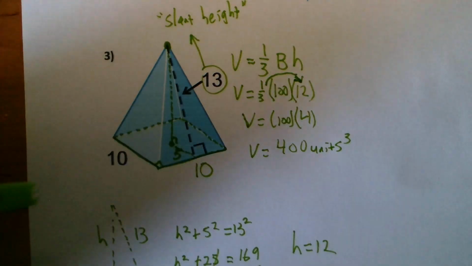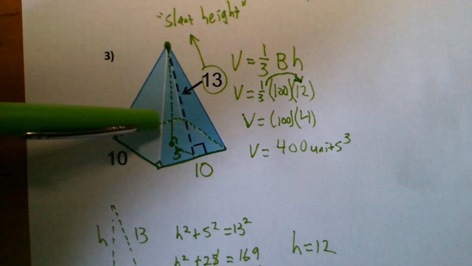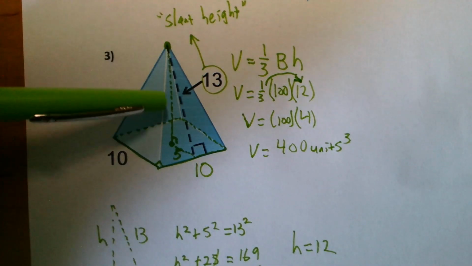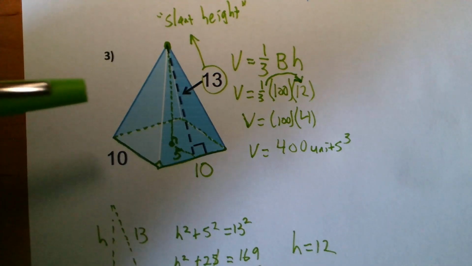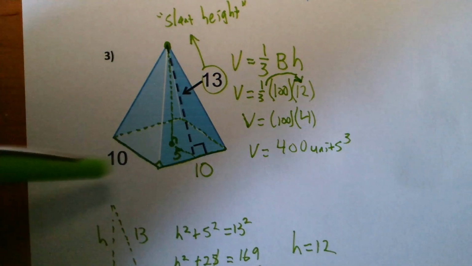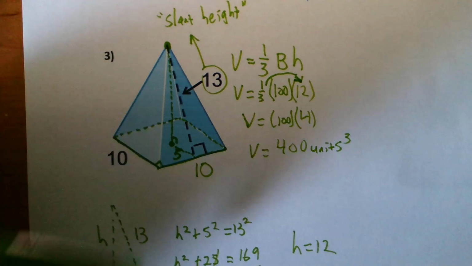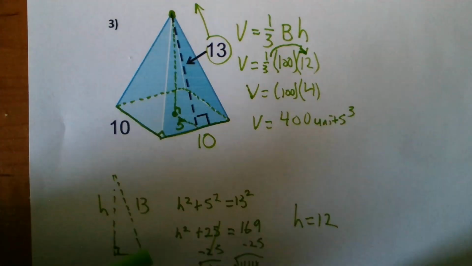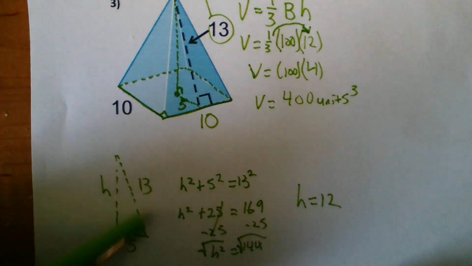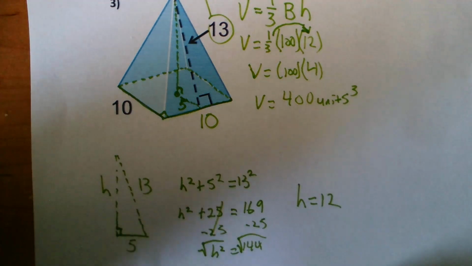So with pyramids and cones, if you need to find the height, either just to know what the height is or to find the volume, and all you have is the slant height and the measurements around the base, you can do that. You can use Pythagorean theorem and think of it as a right triangle to help you solve for that.